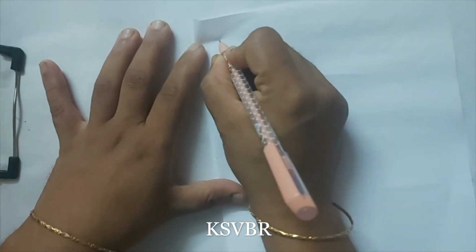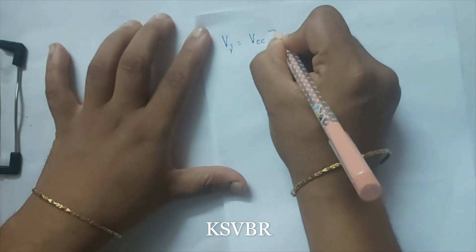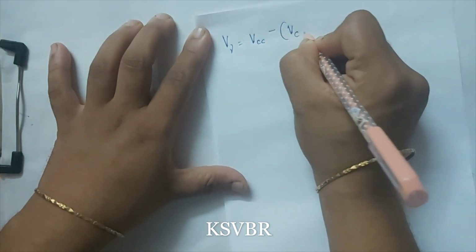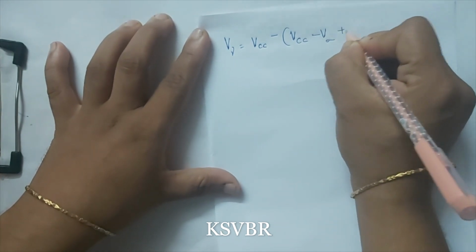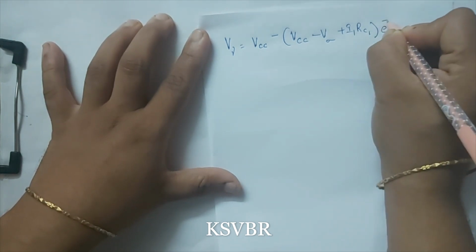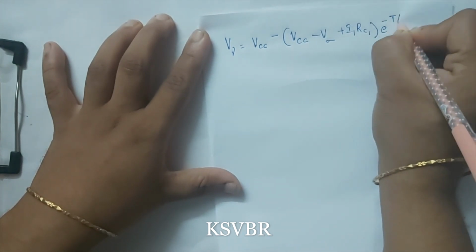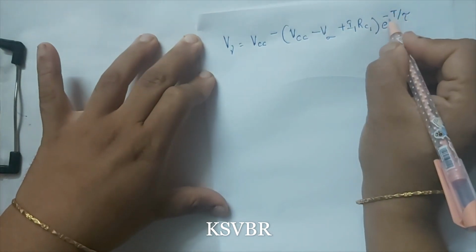So by substituting all the values, V gamma is equal to VCC minus V sigma plus I1 RC1 into e power minus capital T by tau. We need this pulse width.